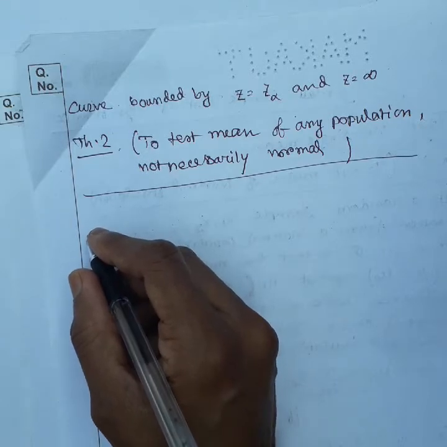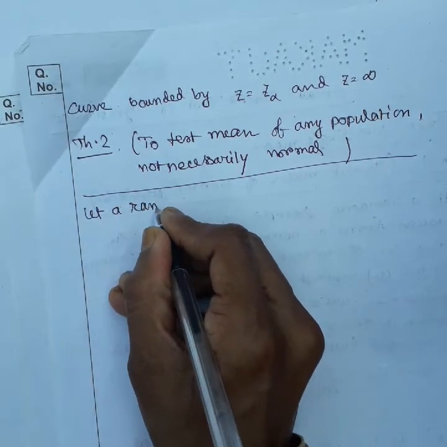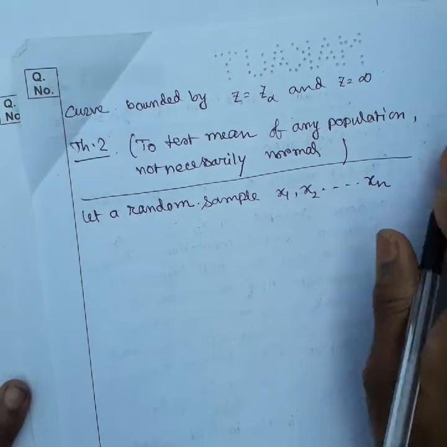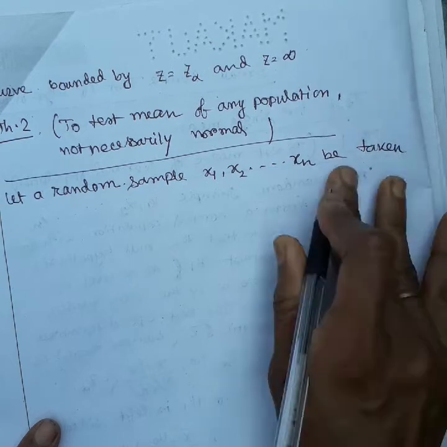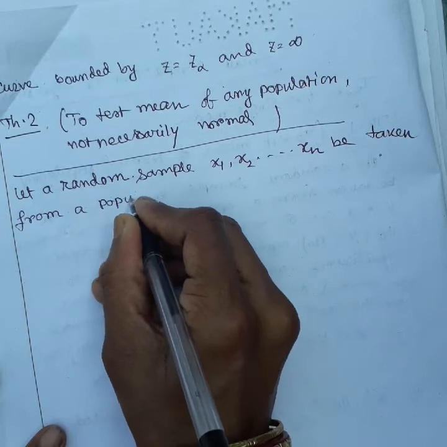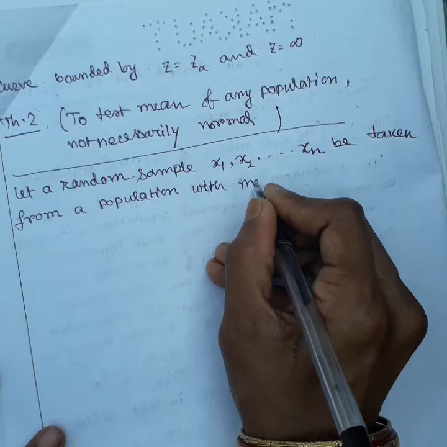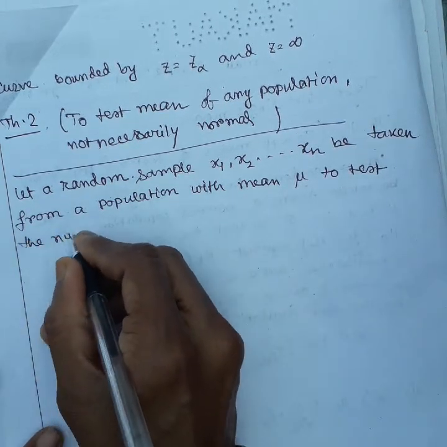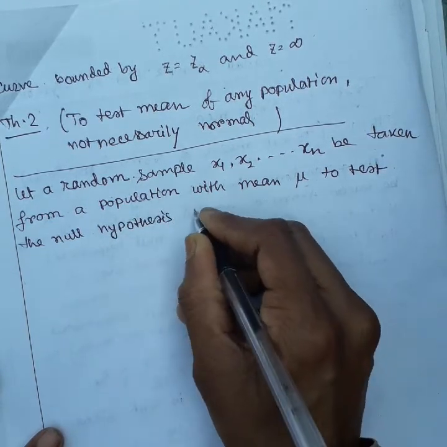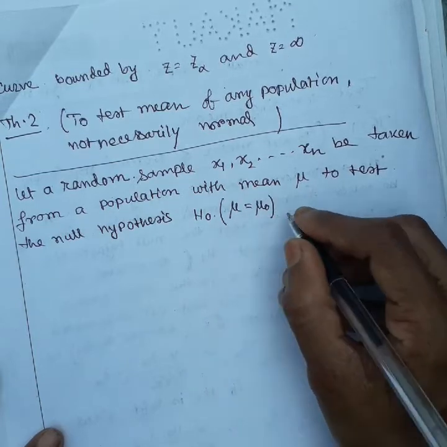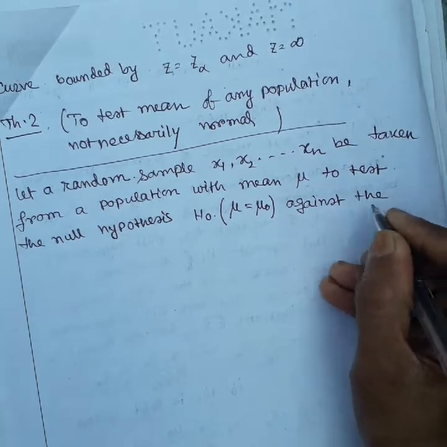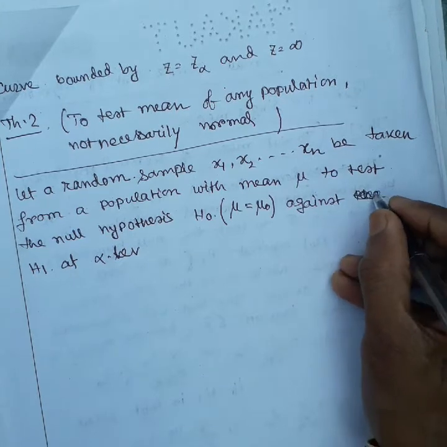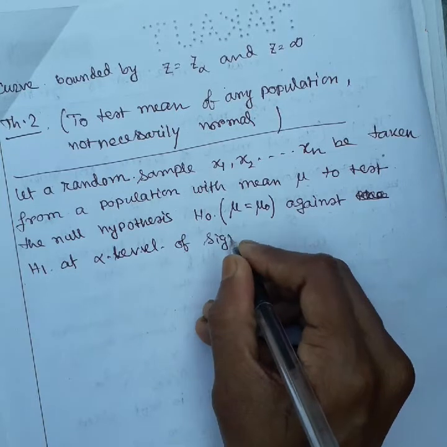And when the population is not normal, let a random sample x1, x2, up to xn be taken from a population with mean mu, and to test the null hypothesis H0, that is mu is equal to mu 0, against the alternative hypothesis H1 at alpha level of significance.